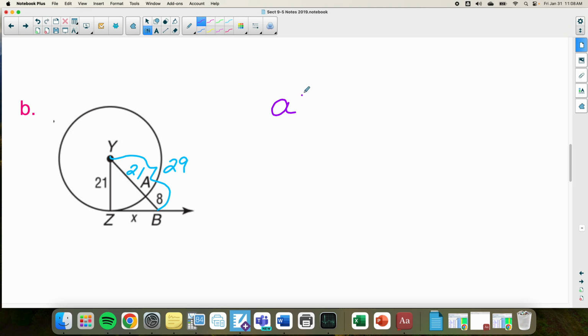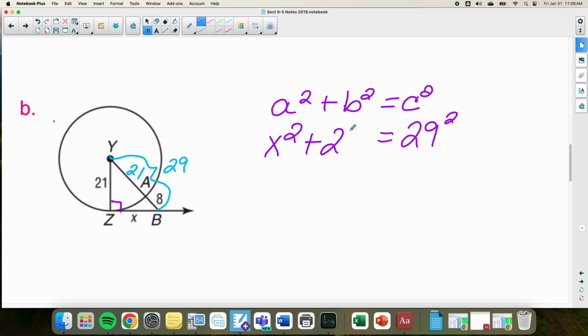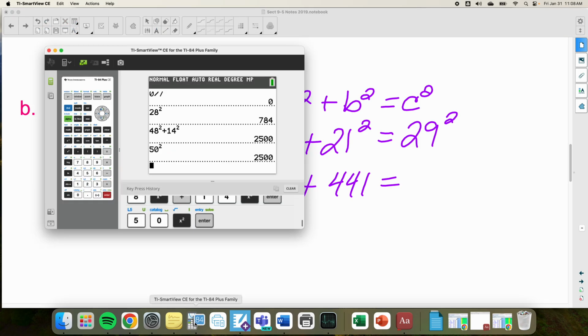So I'm gonna do a squared plus b squared equals c squared. Do you guys all know that your right angle would be right here? So 29 would be your c. And then x squared plus 21 squared I could use for my a and b. So then I'd go x squared plus 441, I wanna say. Let's see. Yes. And then 29 squared is, whoops.